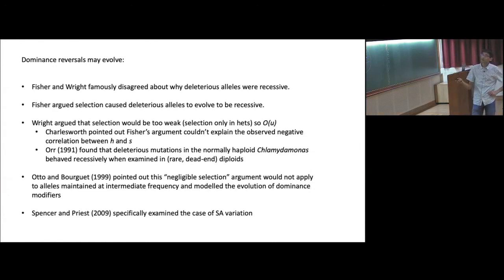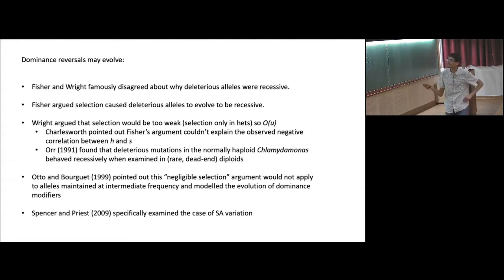So Fisher argued that selection would cause deleterious alleles to evolve to be recessive. And Wright argued essentially that selection would be too weak. Selection only has the opportunity to cause the evolution of dominance when it sees one of these alleles in a heterozygote. But deleterious alleles are held at a low frequency because they're deleterious, right?